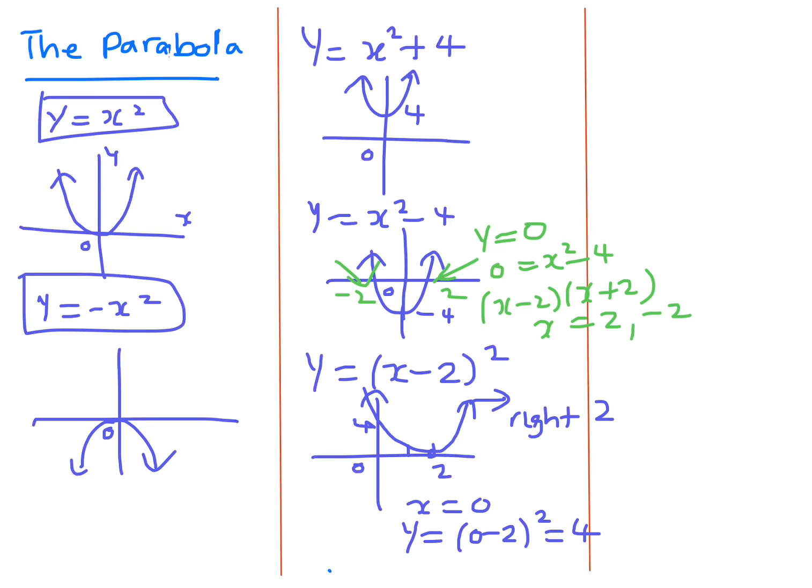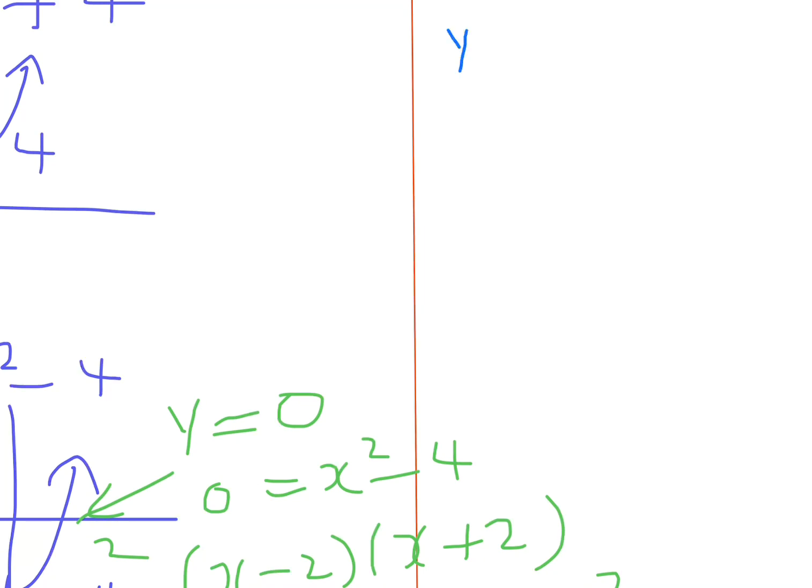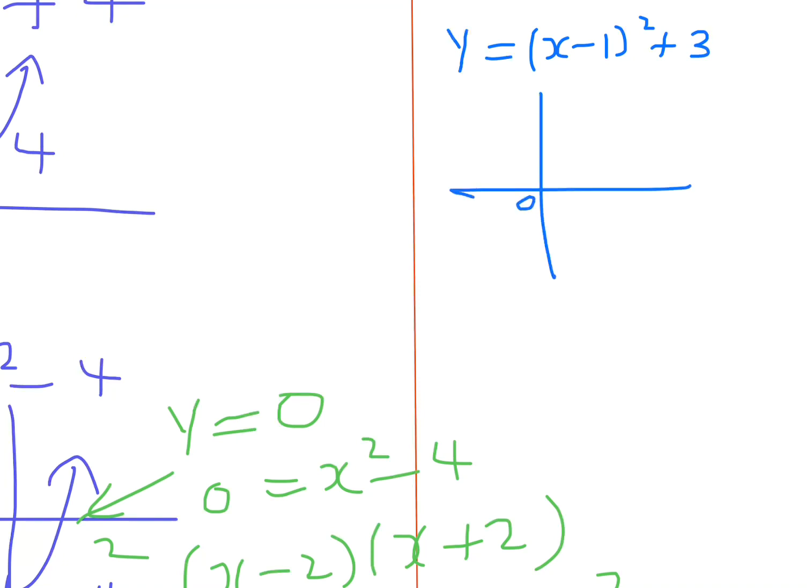So if you look at a combination of both of these, like if you had y equals x minus 1 squared, and then you went plus 3, that's going to be to the right 1, and it's going to be up 3. So if you went 1 to the right and up 3, that's where you would be.